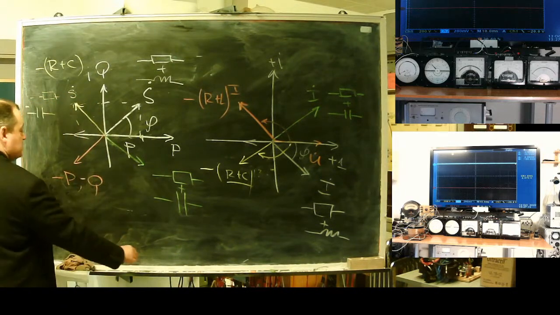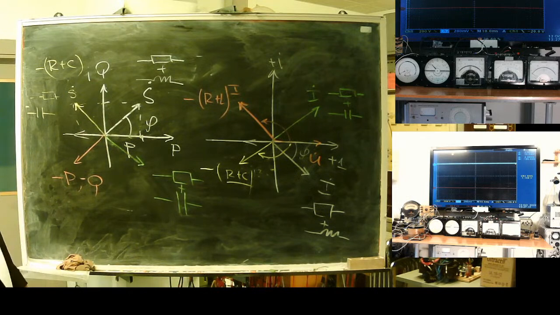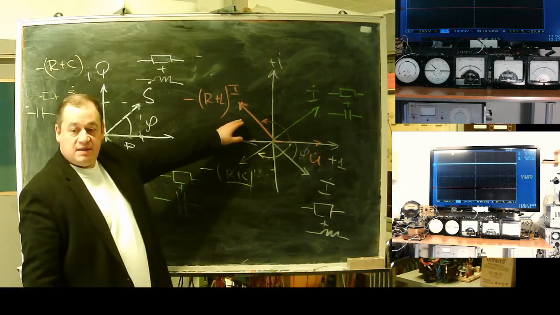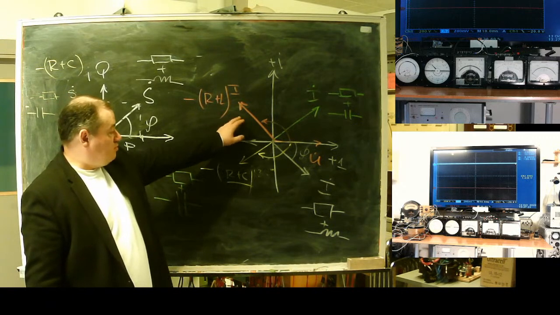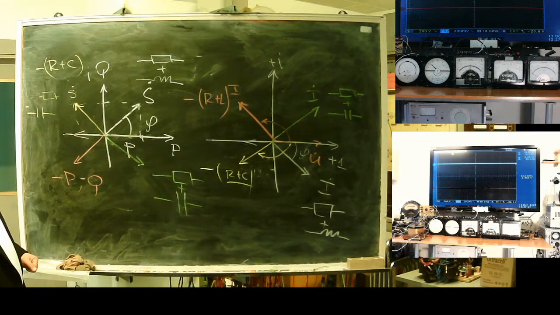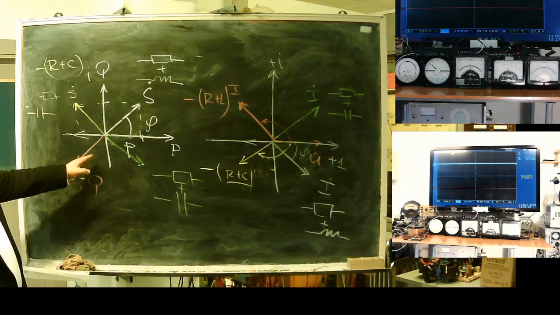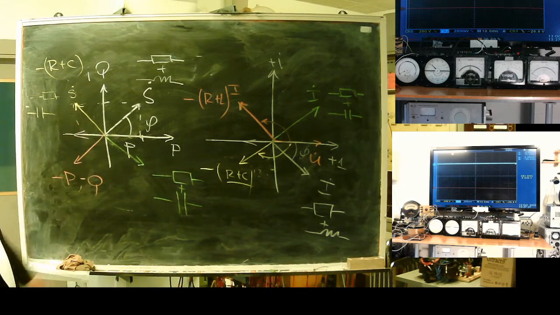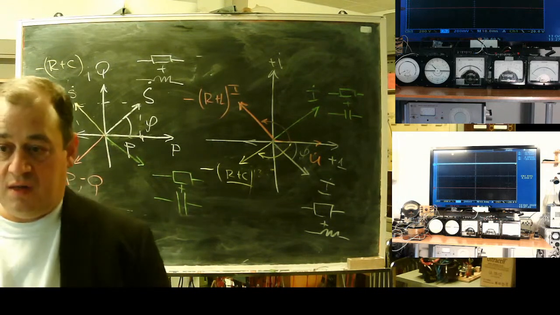Minus here, minus. And this red regime, minus active minus inductive, means we supply the network with both active and reactive power. Here we supply active and consume or absorb reactive. Here it is.